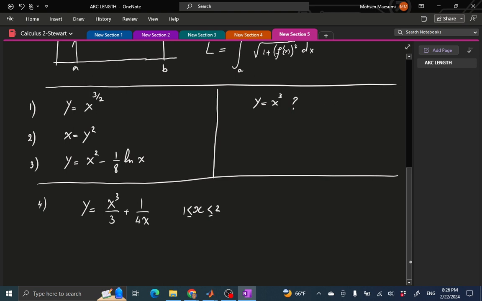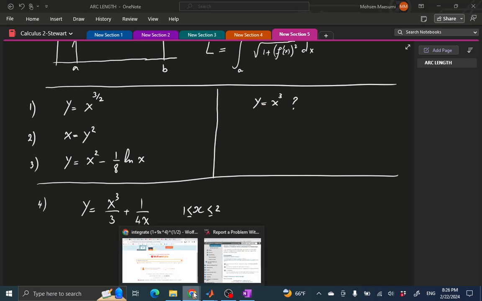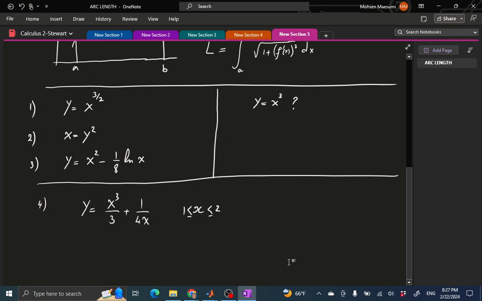Just to get an idea of what we are dealing with, it doesn't change anything, but I just want to take a look at this before we actually dive into the integration problem.